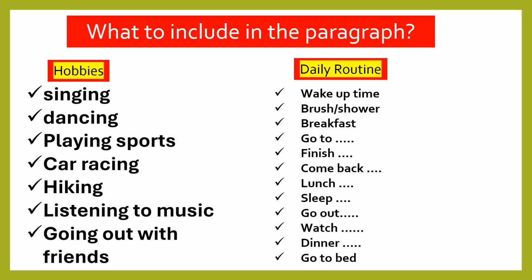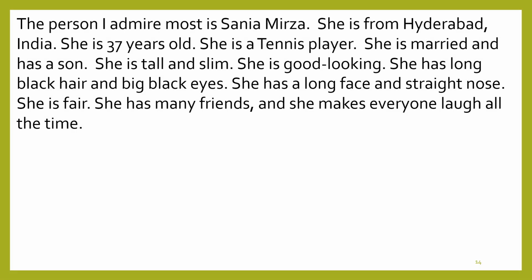And the daily routine will also be given, and you need to combine both and write in the paragraph. We have already written this much, the general information, physical appearance, and also the personality traits. Now, what is next? Hobbies and daily routine. So, we'll start with hobbies.